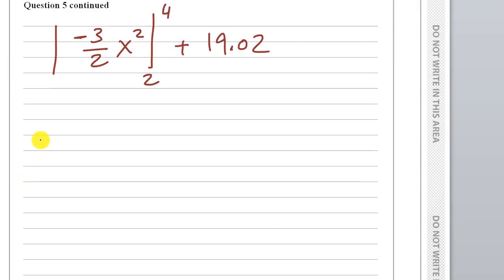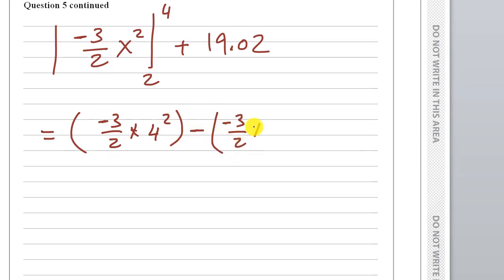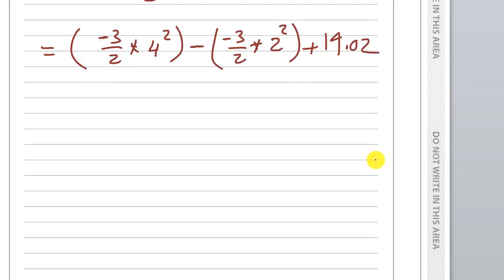So it's equal to minus 3 over 2 multiplied by 4 squared minus 3 over 2 multiplied by 2 squared plus 19.02. Let us find the total value.